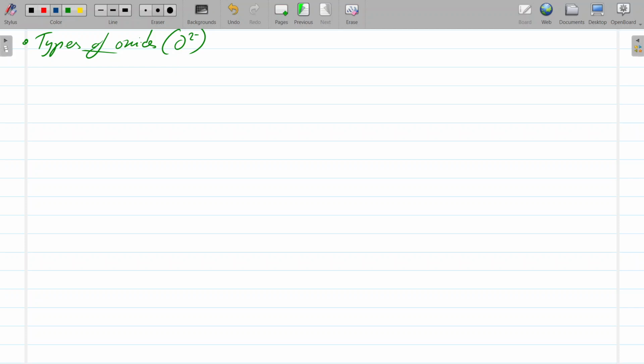So non-metallic oxides and carbon dioxide are acidic, such as SO2 and carbon dioxide, CO2.